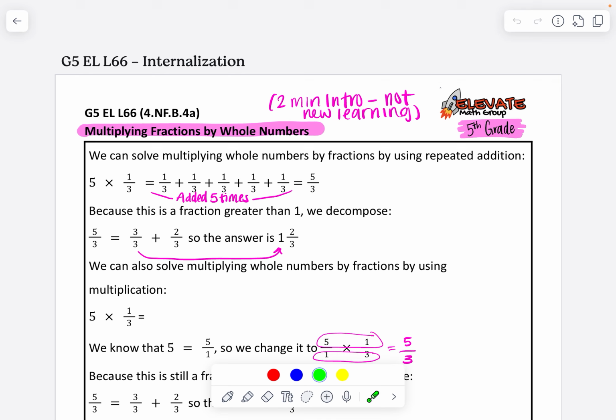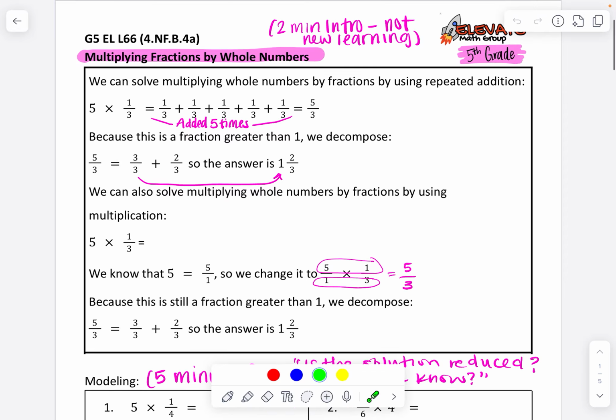For today, we are going to push students from getting answers that are in fraction forms larger than 1 to mixed numbers, right? So when we do 5 times 1/3, we end up getting 5/3, which we know is a fraction larger than 1.